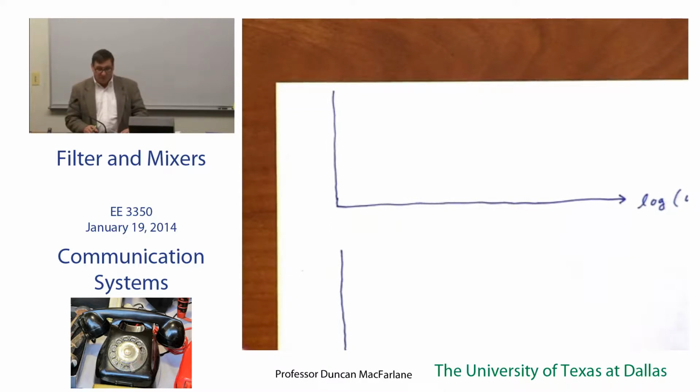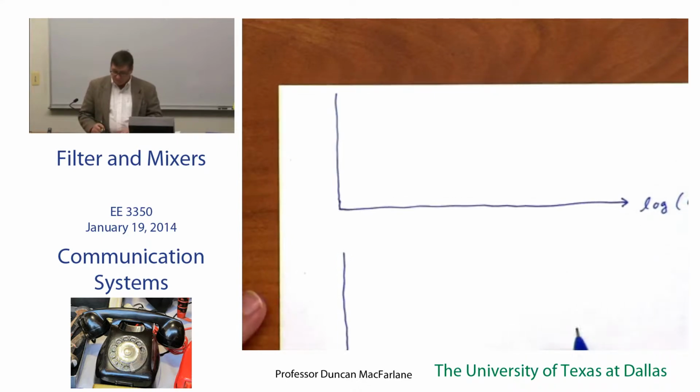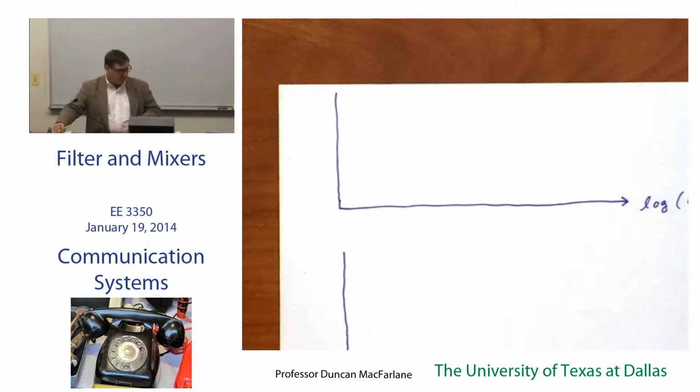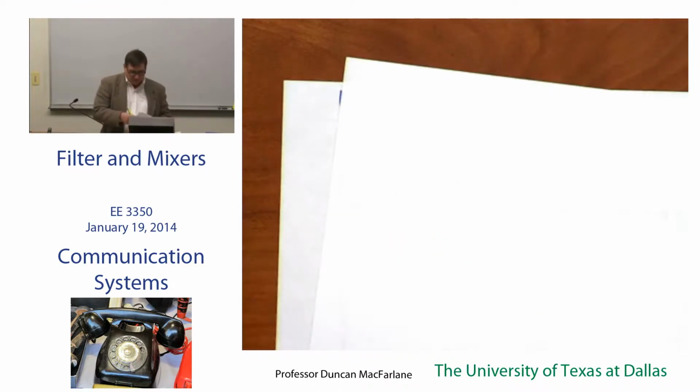So for our low-pass filter that we just talked about at the end of the last section, we had the omega RC. Now let me actually go back a second.